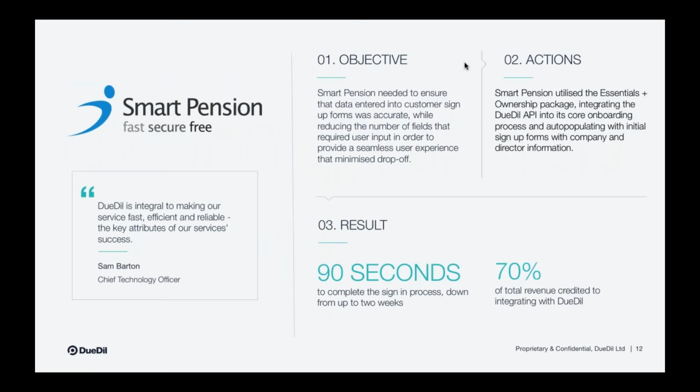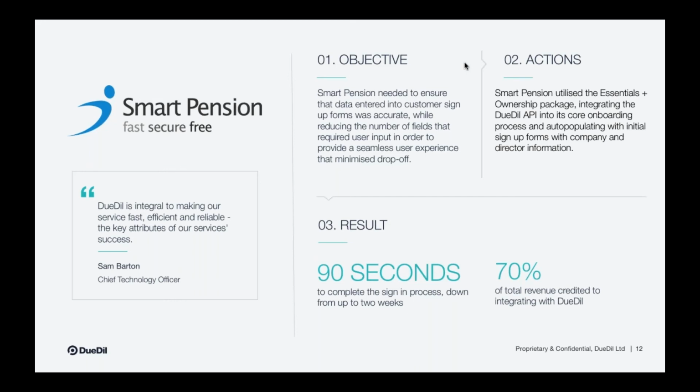The use case here is Smart Pension, an auto-enrollment pension provider. Their goal was to capture much of the newly emerged market before their competitors did. They wanted to have a competitive edge and be able to onboard a new company from start to finish in minutes, not hours, days, or weeks. Their original process for registering company pension schemes was long and involved the applicant company manually entering most of the data.